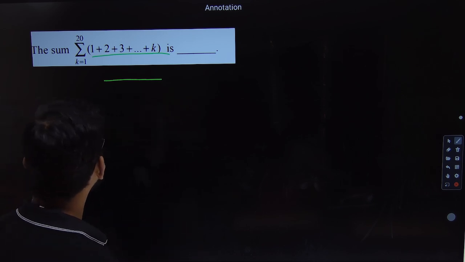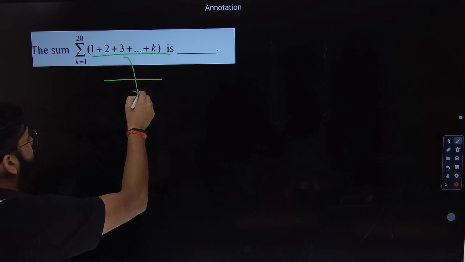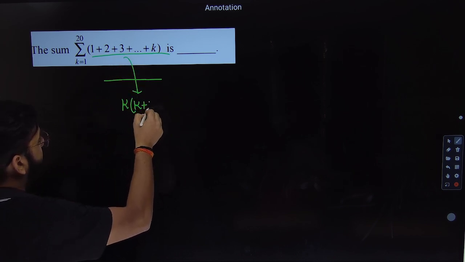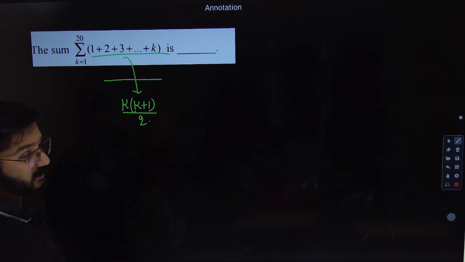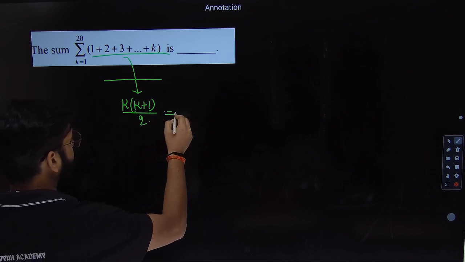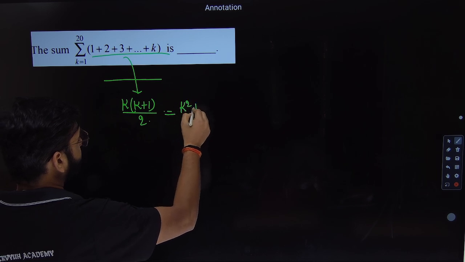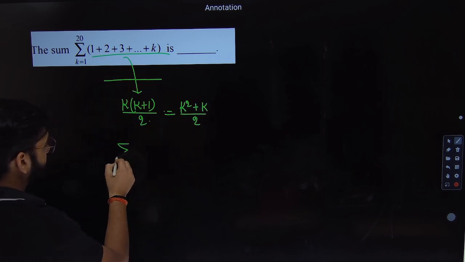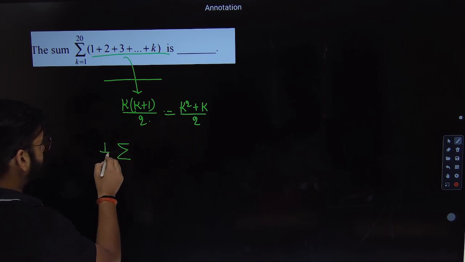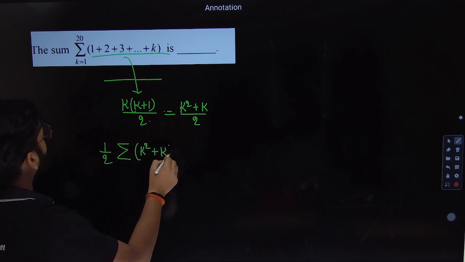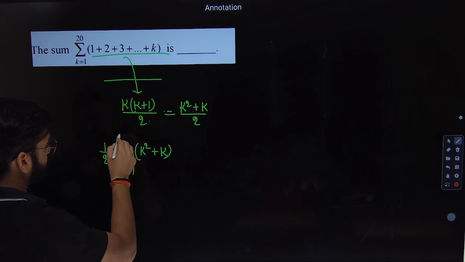It's a simple question. So when you simplify this, what will be the answer? k into k plus 1 by 2, right? n into n plus 1 by 2. So when you simplify this, k square plus k by 2. So apply the summation. Can we take 1 by 2 outside? So k square plus k from 1 to 20.